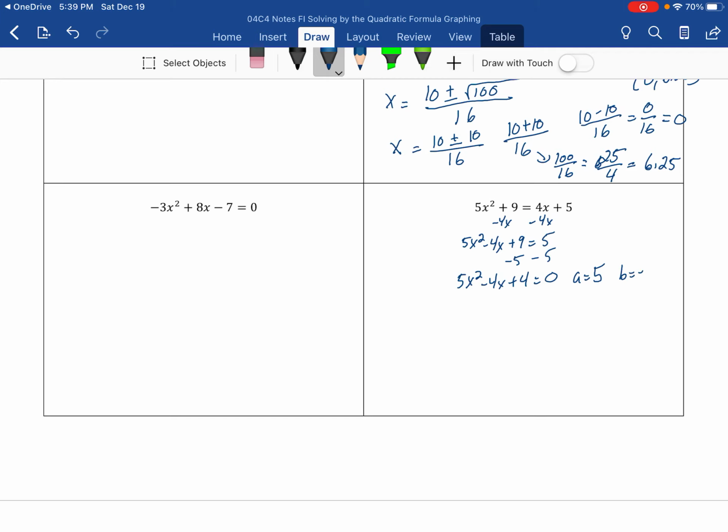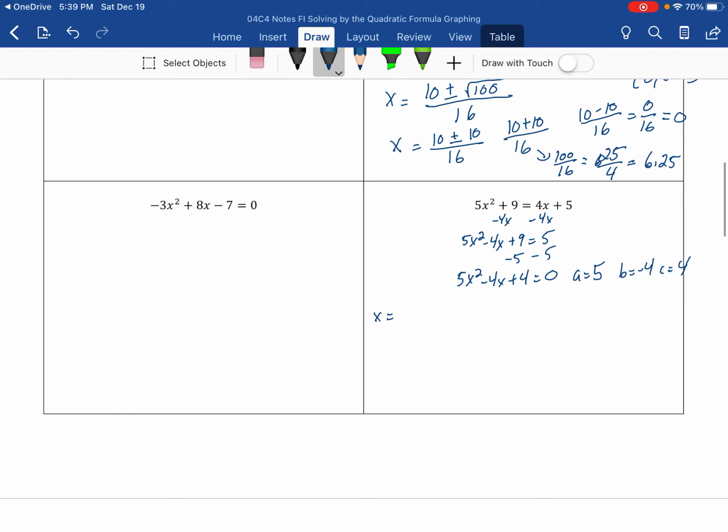Okay, now I know A is equal to 5, B is equal to -4, and C is equal to 4. X is equal to -4 plus or minus the square root of -4 squared minus 4 times 5 times 4 all over 2 times 5.